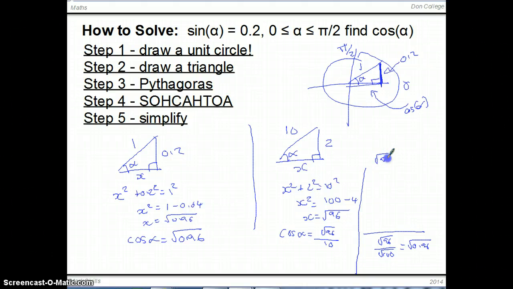So I could simplify root 96 is equal to root 4 root 24, which again 4 will go into that, so I would have root 4 times root 4 times root 6, so 4 root 6. So I could express this as 4 root 6 over 10, and the 4 and the 10 would cancel down, so it would be 2 root 6 over 5. Anyway, there we go.